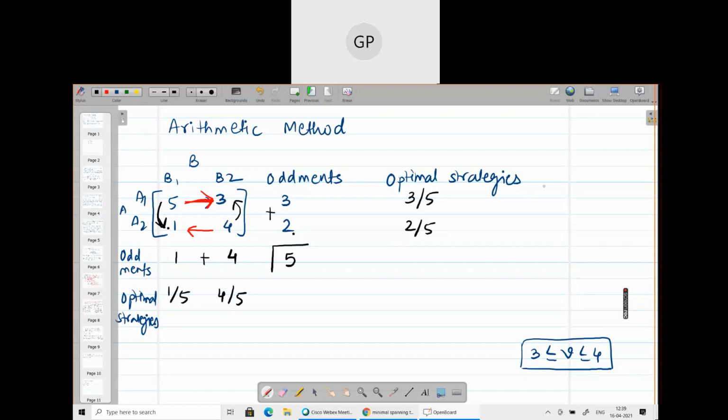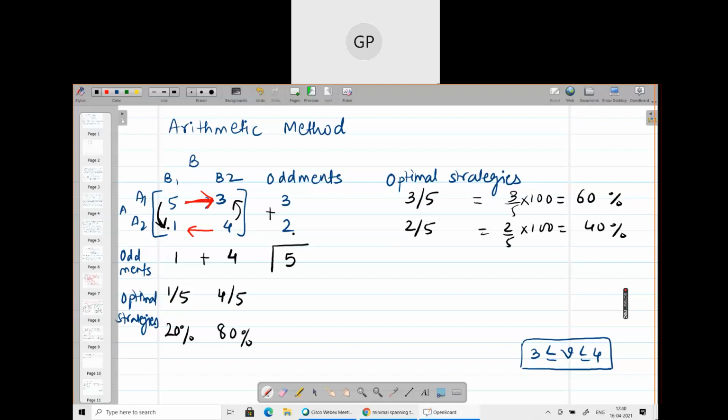So 3 by 5, you can make this into percentages. So 3 by 5 into 100 will give you 60%, and 2 by 5 into 100 will give you 40%. Similarly, this will be 20% and this is 80%.